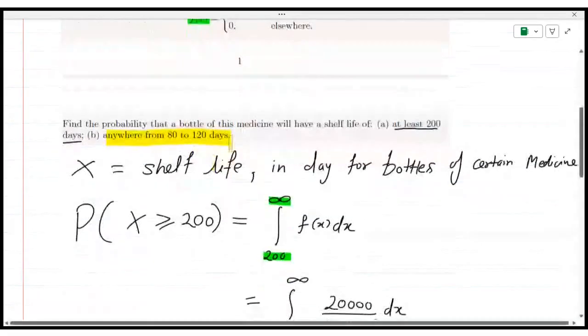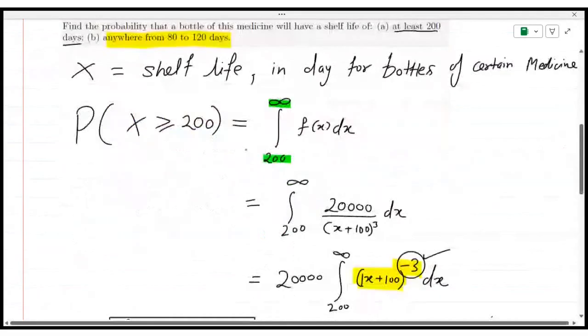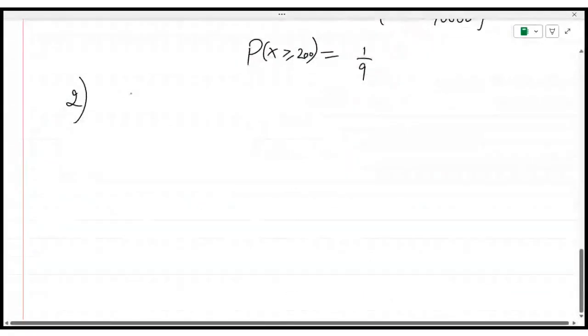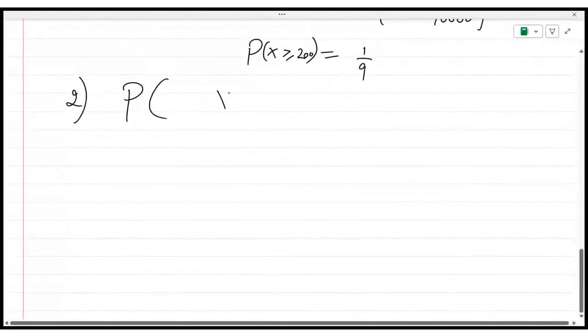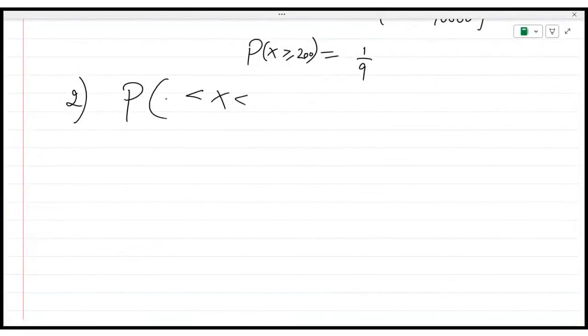So in this part we have to find the probability that the value of x will be between 80 to 120 days. Okay, students, whether you include this 80 and 120 or do not include them, it will have no impact, because in case of a continuous random variable, the probability at a single point is 0. So whether you include 80 or not does not matter here.